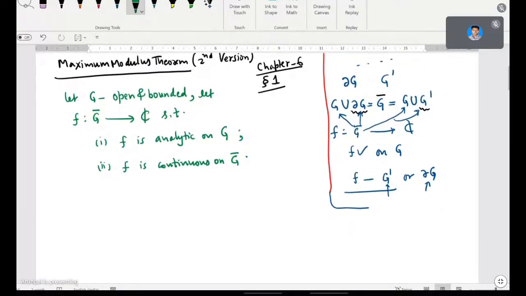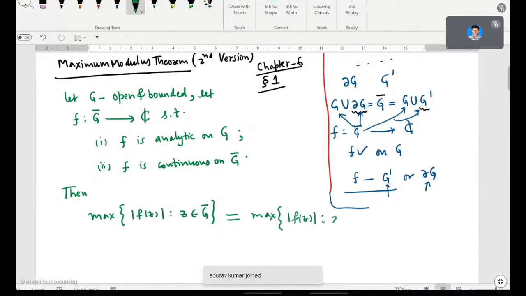Then the maximum modulus theorem second version says that the maximum of this set, which simply means the maximum of the values of the function, will be the same as the maximum of the values of f(z) when z belongs to the boundary of G. Meaning thereby, class, that this number, the maximum of the values of f(z), will be obtained at some point which is in the boundary.